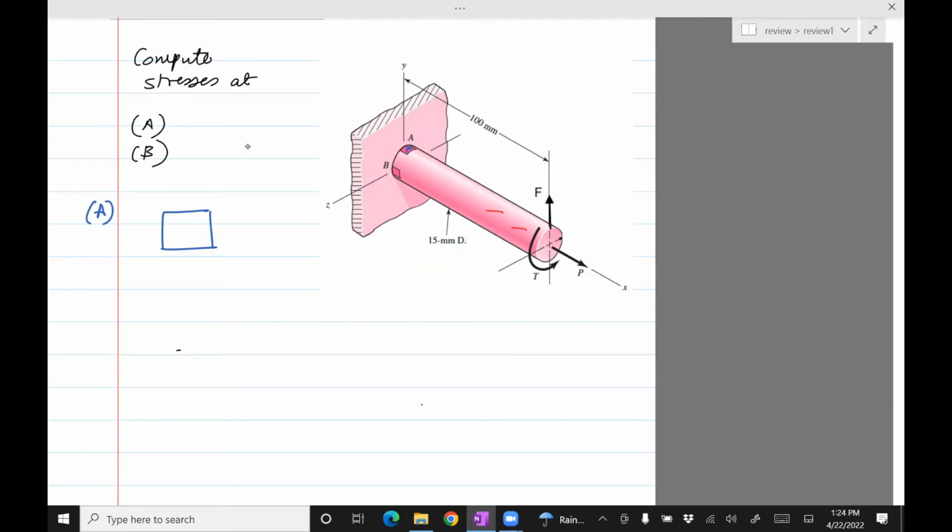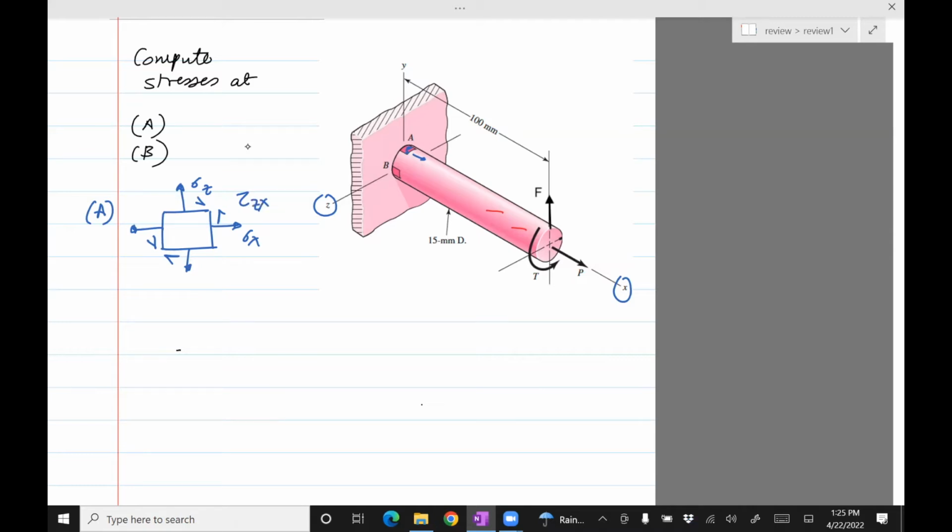We can see that this element is in the XZ plane. So we would have sigma X, should be this way, sigma Z, and then tau XZ. Sorry, tau XZ is the same as tau ZX because of complementary stress.